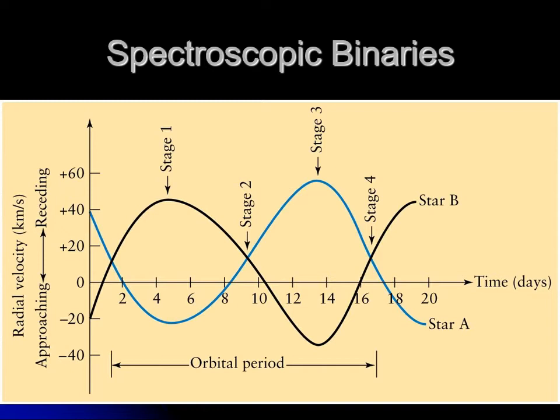This one is going away from us, that one's going towards us. Then this one's coming towards us, and that one's going away from us. They're oscillating back and forth. So you figure out how long it takes to go from this crossing to that crossing. Either way, that's going to be one period, the orbital period.